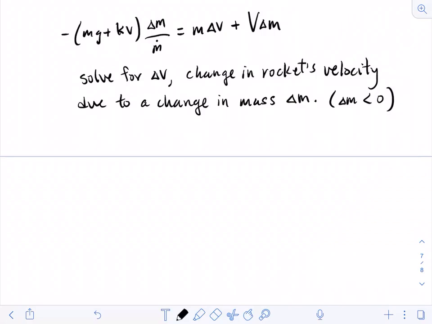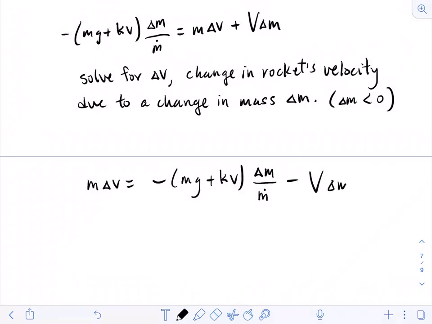Okay, so let's see. m delta v is equal to minus mg plus kv delta m over m dot, and then we're going to minus v delta m. So that delta v is equal to minus, I'm going to do it delta m over m times v.